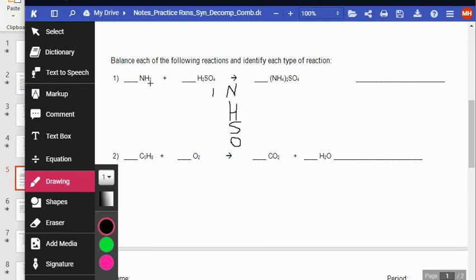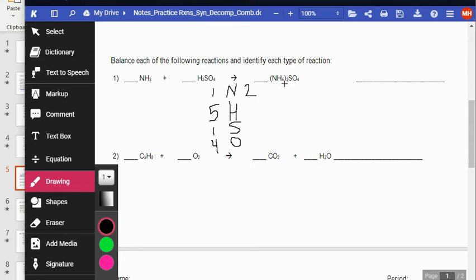I have 3 hydrogens here, plus 2 more right there. That is 5 on the hydrogen side. I have 1 S and 4 O's. Now I'm going to count the product side. I have 1 N, but it has a 2 on the outside of this parentheses. We're going to multiply that. So 2 nitrogens now, because it does multiply.